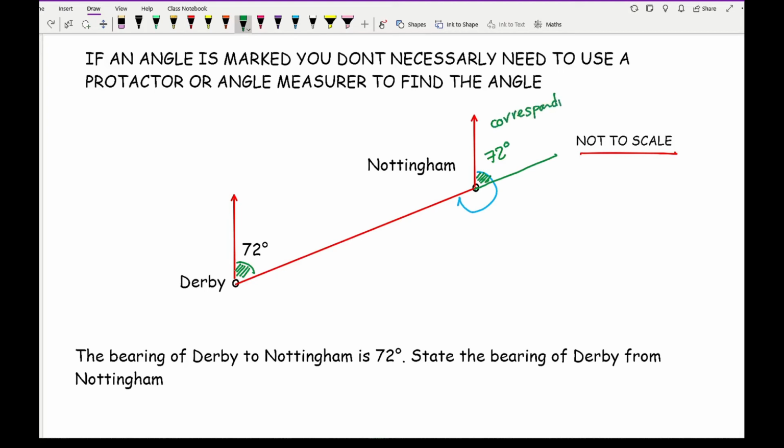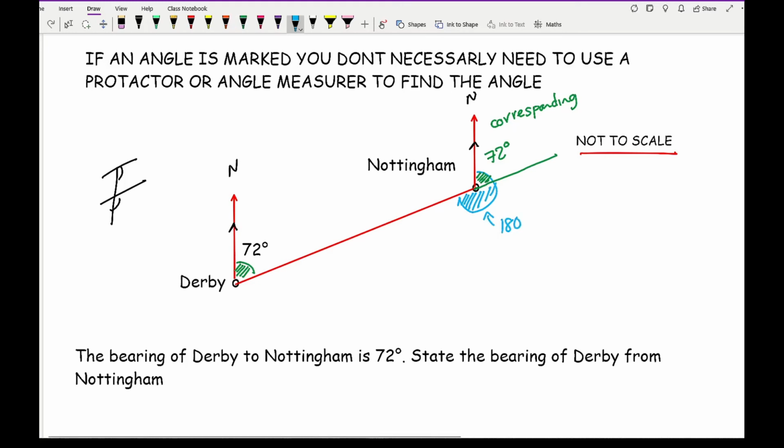Now, if you're not sure about what I mean with corresponding angles, there is another video that looks at angles on parallel lines, because these 2 north lines are going to be parallel. And so from an F angle, or what we properly call a corresponding angle, those 2 angles are going to be the same. Now from that, I know that this angle here, because it's a straight line, is going to add up to 180.